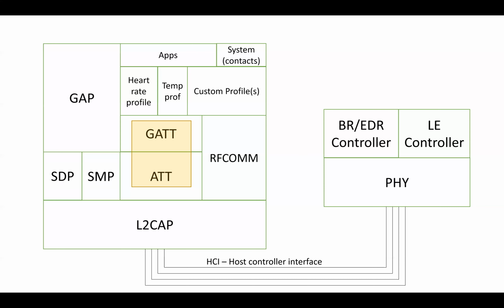Got it. Yeah. And the way you basically define a custom profile is also specified, right? It's not like the SIG just says, you know, you have free reign, but it's a pretty extensible thing. The way most Bluetooth low energy custom profiles are supported, and this is the vast majority of custom profiles, I'd argue, are on Bluetooth low energy.